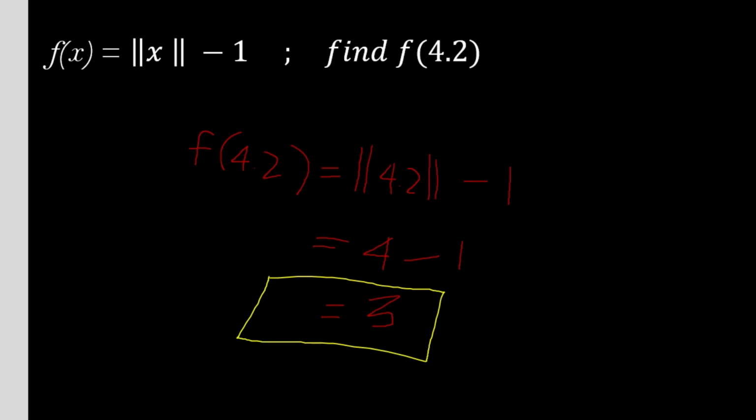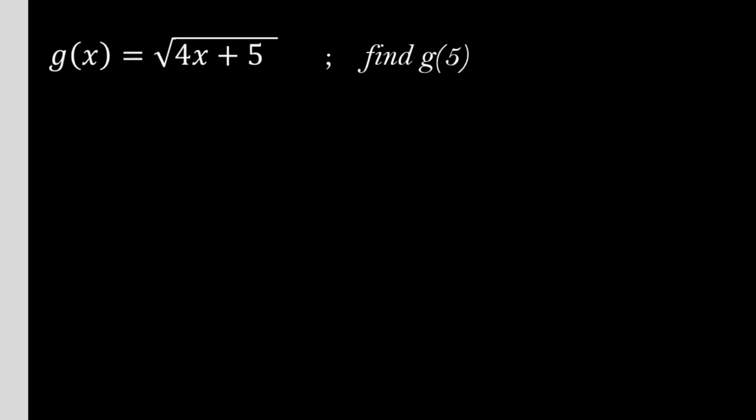Okay, so let us proceed to the next one. g of x is equal to square root of 4x plus 5. Find g of 5. So the same process, we are going to substitute the value of x in the function.